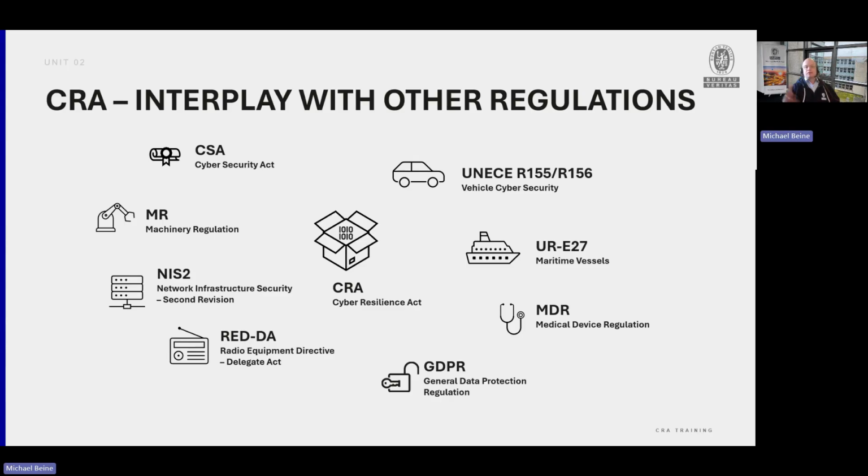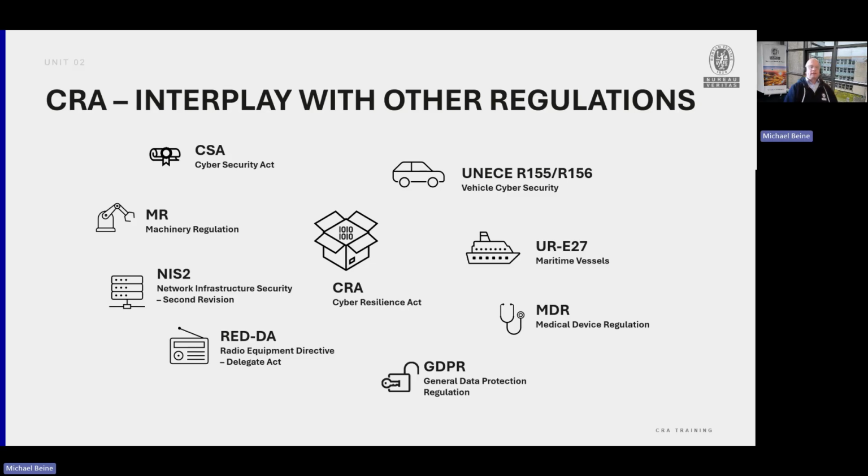That is a little different to what we see on the right side, where, for example, medical devices have their own cybersecurity aspects already defined in the medical device regulation. So they are kind of exempt from the CRA, whereas the machinery regulation and the CRA coexist for the same device.